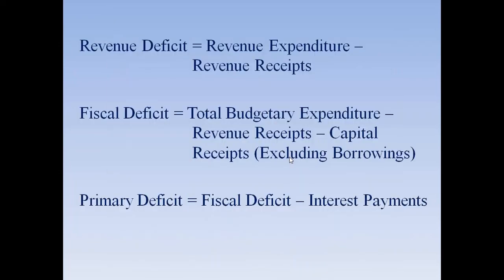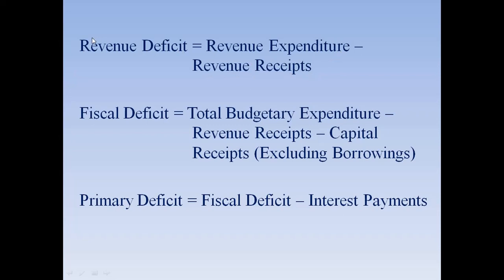Revenue deficit is revenue expenditure minus revenue receipts. It's very simple. Revenue deficit means revenue expenditure minus revenue receipts. You can see in the formula here only. Revenue deficit equals revenue expenditure minus revenue receipts.